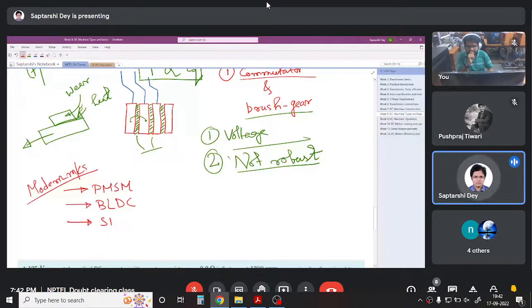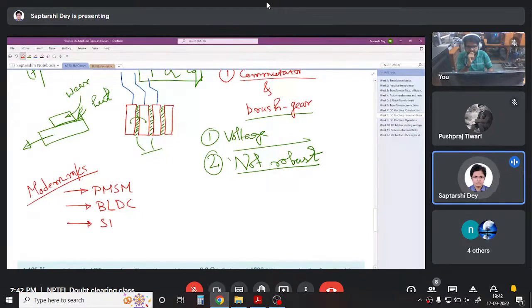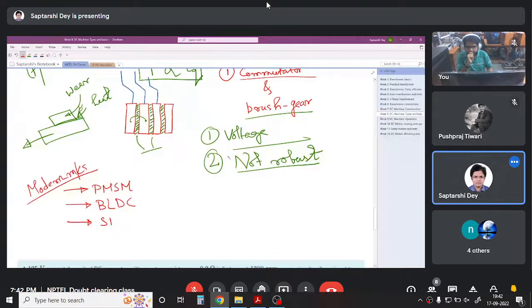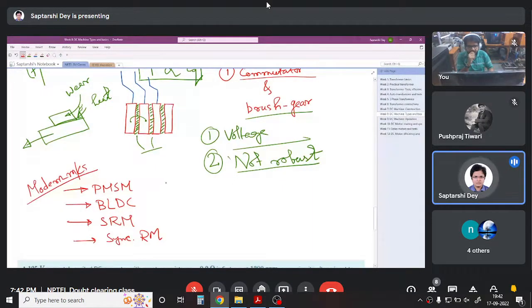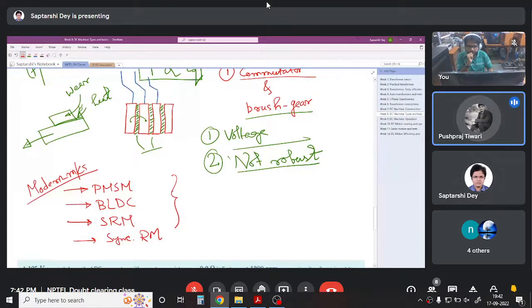PMSM is permanent magnet synchronous machine. BLDC is brushless DC machine. SRM is switched reluctance machine. These machines and some other even more unconventional machines are very popular nowadays.